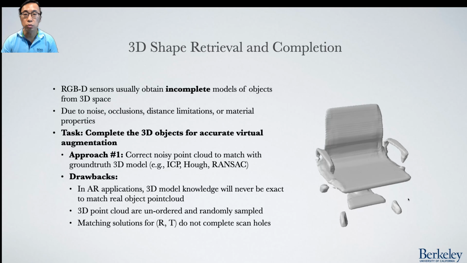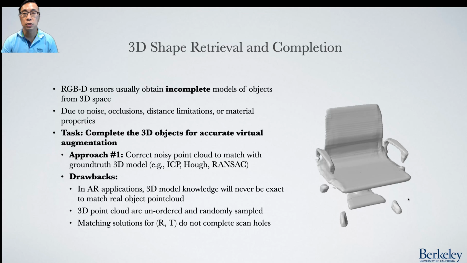This may be due to a variety of reasons, such as measurement noise, occlusions, distance limitations, or material properties of the object. Then our task on such incomplete data will be to complete the 3D objects for actual virtual augmentation.